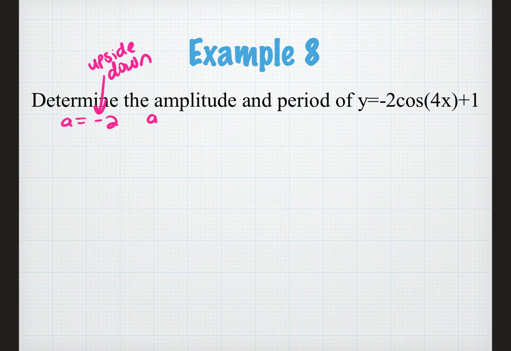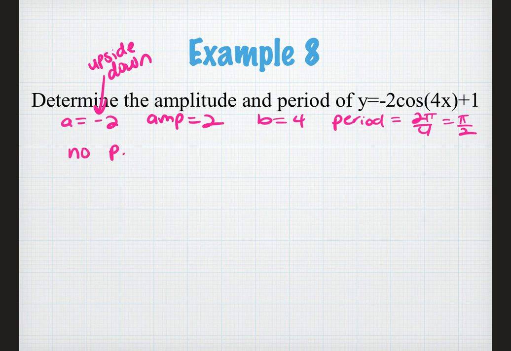Okay, but the amplitude is what? 2. What's B? 4. So the period is 2 pi over 4, which is pi over 2. There is no phase shift. There's nothing inside the parentheses added or subtracted, right? But there is a vertical shift up 1.